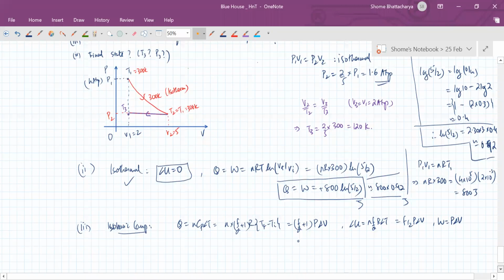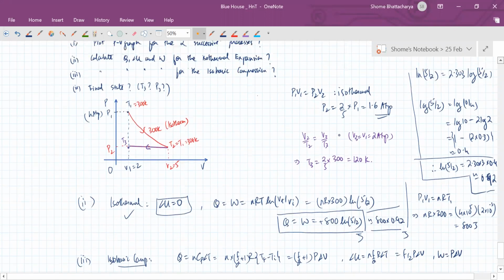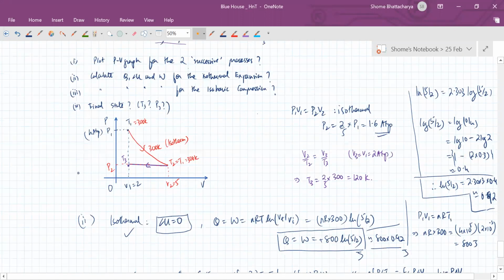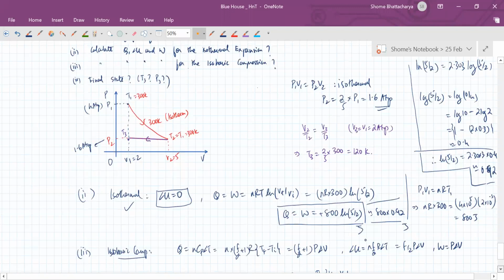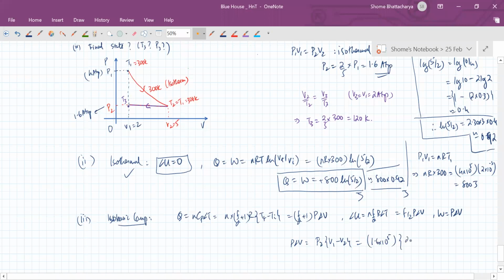Okay. Now P delta V will be the pressure which was P2 into V1 minus V2. So P delta V and W are negative quantity. So this final pressure P2 we had seen is 1.6 atmospheres. So it is 1.6 into 10 raised power 5 into 2 minus 5 into 10 raised power minus 3.